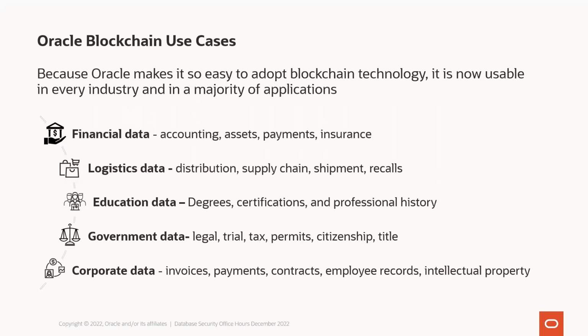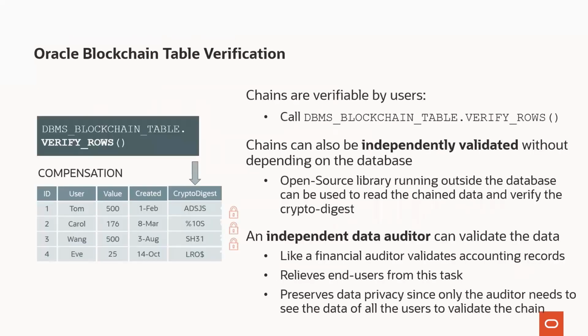We want to make sure that record hasn't been manipulated, and we can verify it with our DBMS_BLOCKCHAIN_TABLE.VERIFY_ROWS. So if you have an independent auditor that wants to validate this, you can export this crypto digest, export the results, and say, hey, now compare it to what we're seeing in the database. And yes, it's all still the same. There haven't been any modifications or changes to those rows once they've been inserted.